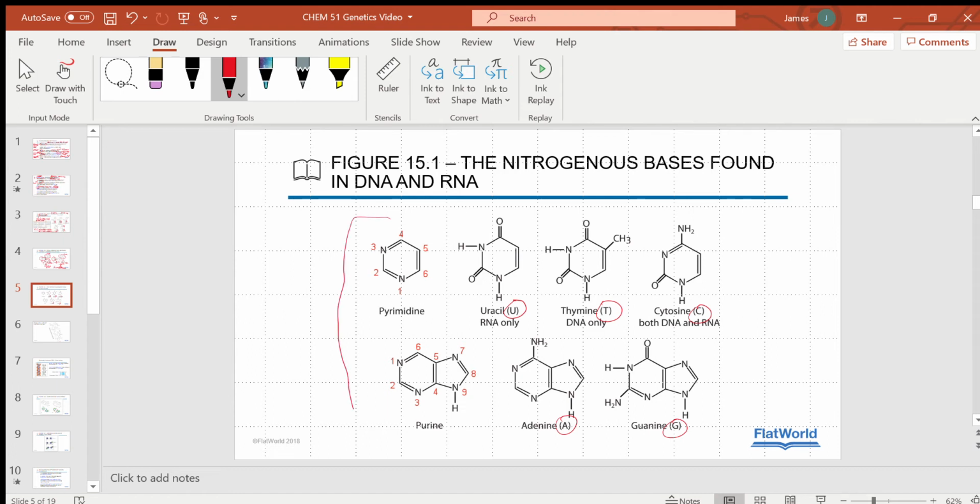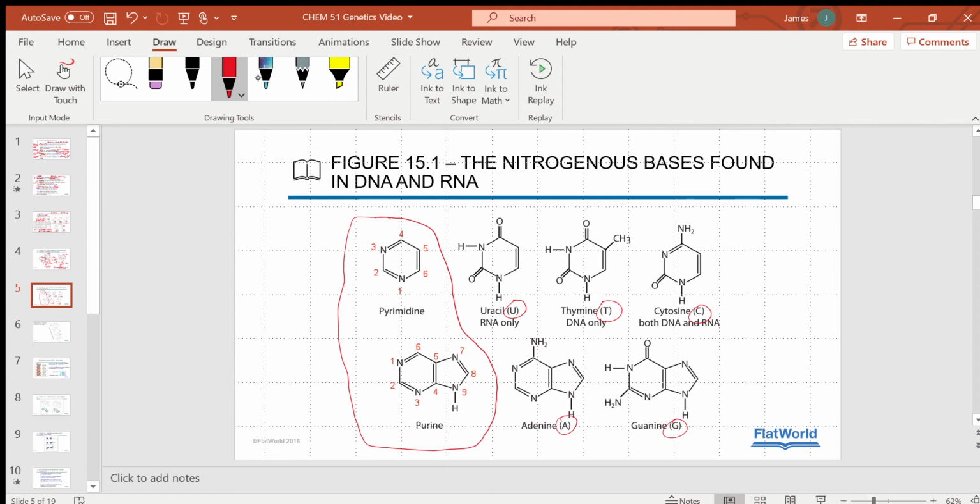Let's not get ahead of ourselves. We said the single-membered ring is the pyrimidine. The double-membered ring is the purine. So there are 3 types of pyrimidine: uracil, thymine, and cytosine, which are abbreviated U, T, and C respectively. And there are 2 purine bases, adenine and guanine, symbolized by A and G respectively.